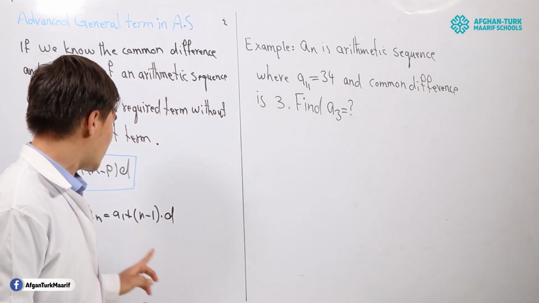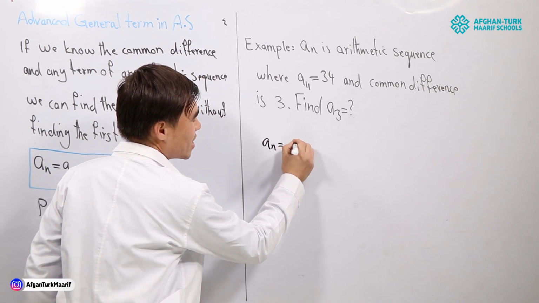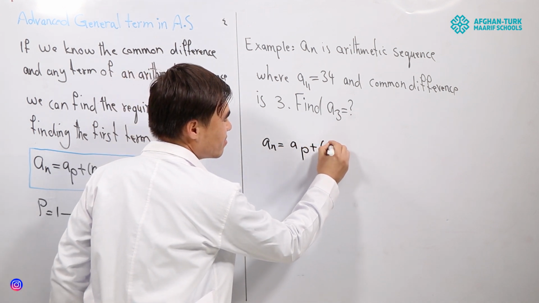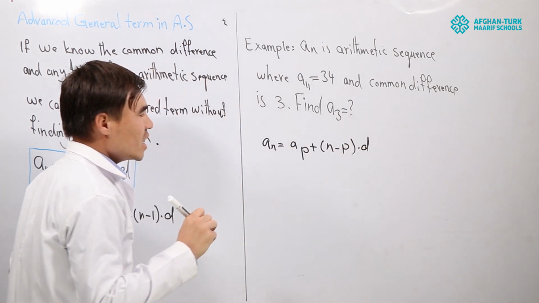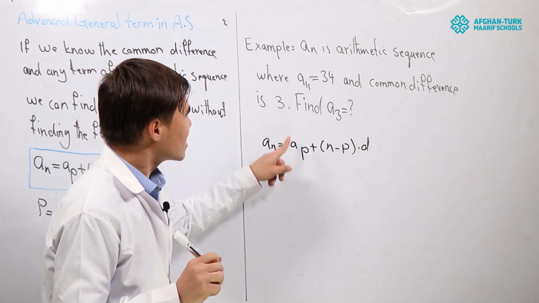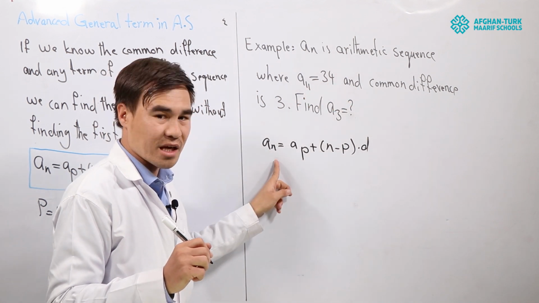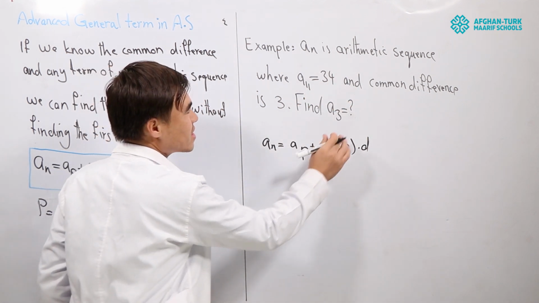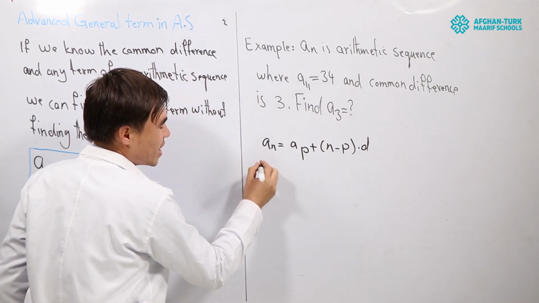Let's start solving it with the formula given to us: a_n = a_p + (n - p)d. Here p is the third term, and the 11th term is the a_n, so we can find the third term.